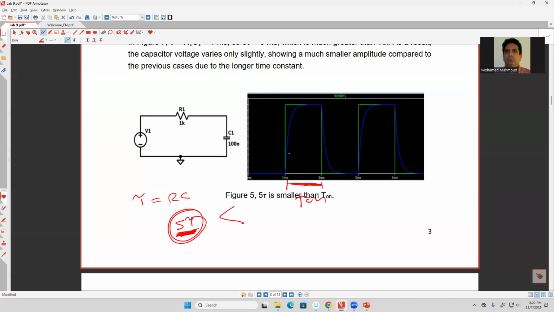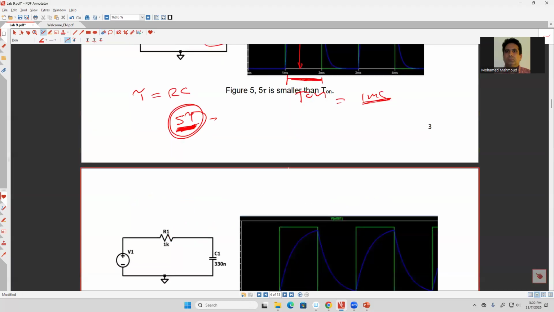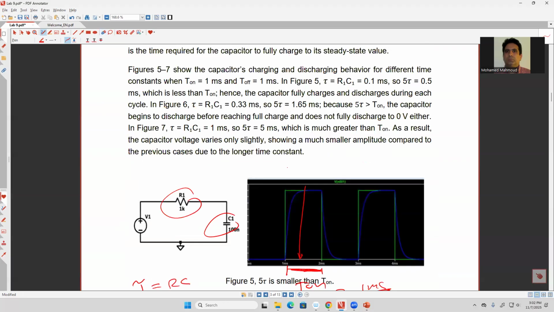What's going to happen in this specific case, if I use these numbers? T on is 2 milliseconds. So here you see the capacitor fully charges.